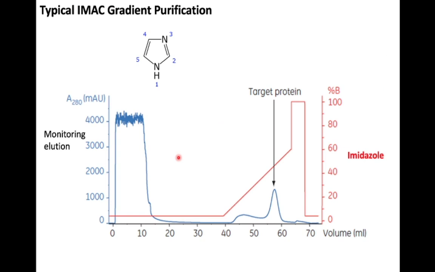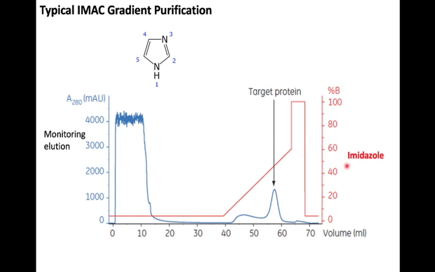Looking at a chromatogram of an IMAC purification. Here we're monitoring the absorbance of our column. So these are the things which are being eluted off our column. Remember, first we have this stabilization, where we've eluted proteins which are not bound to the column, and then we wash the column. And then we add something called imidazole.